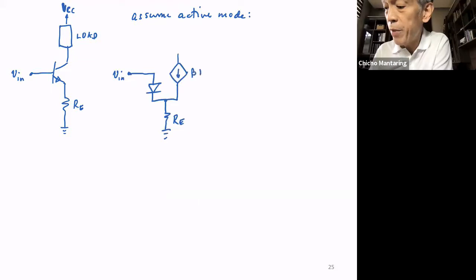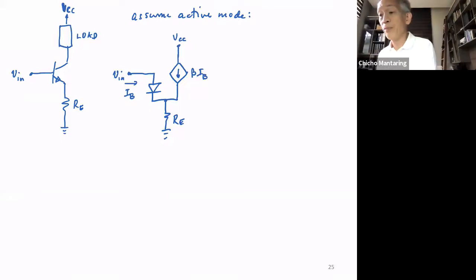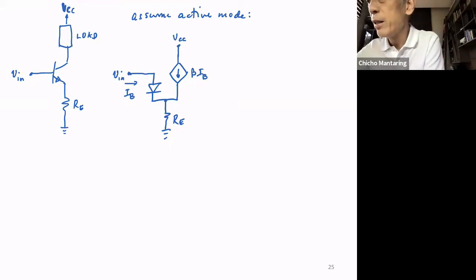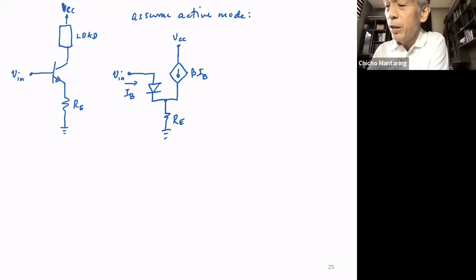So this is beta IB, this is IB, and this is VCC. Okay, so this is my equivalent circuit, assuming active mode. Okay, so this is my collector, and this is my emitter. No? I just wanted to extend that.